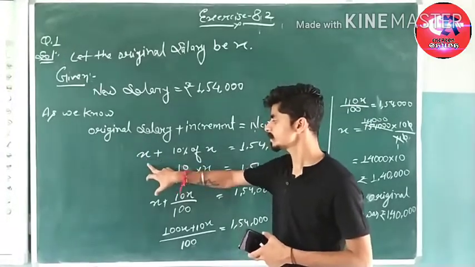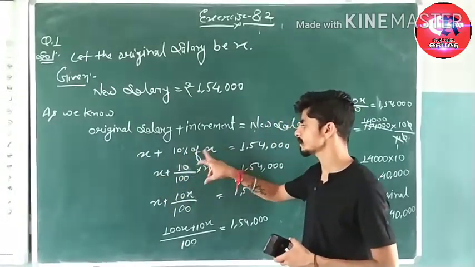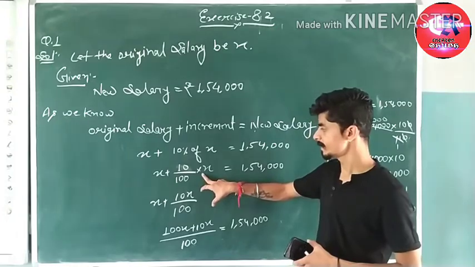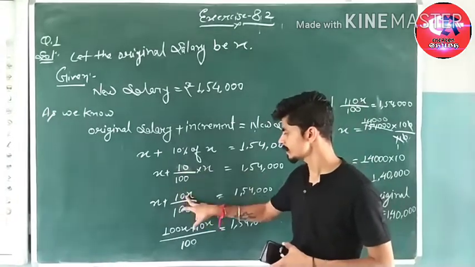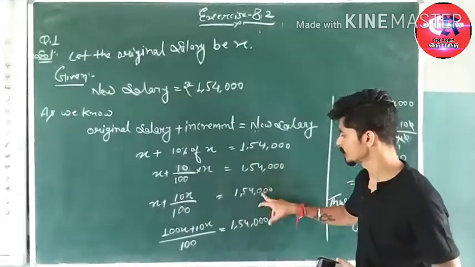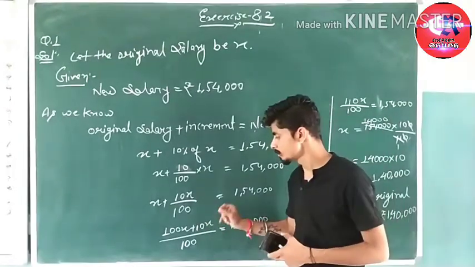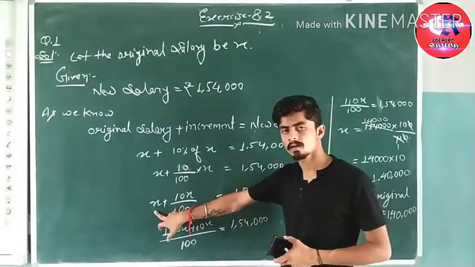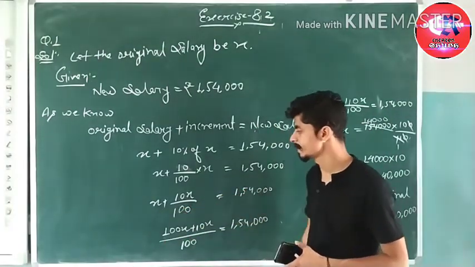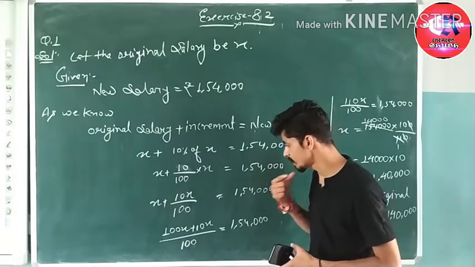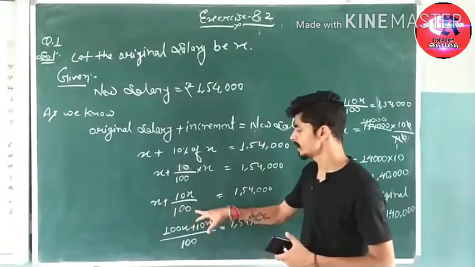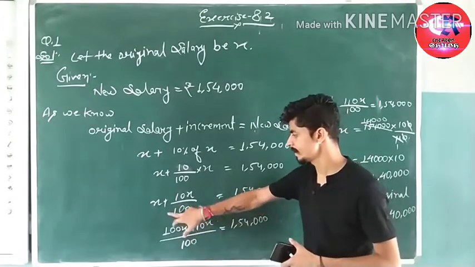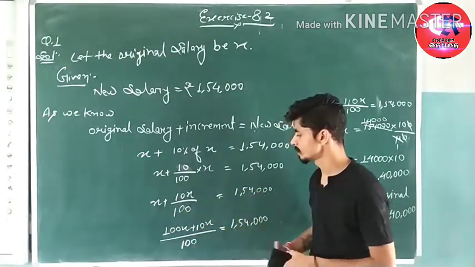Okay, so the original salary is X and 10% of X will be 10 upon 100 into X, and it will become 10X upon 100. Now X does not have a denominator, so let it be 1, and the LCM of 1 and 100 will be 100.